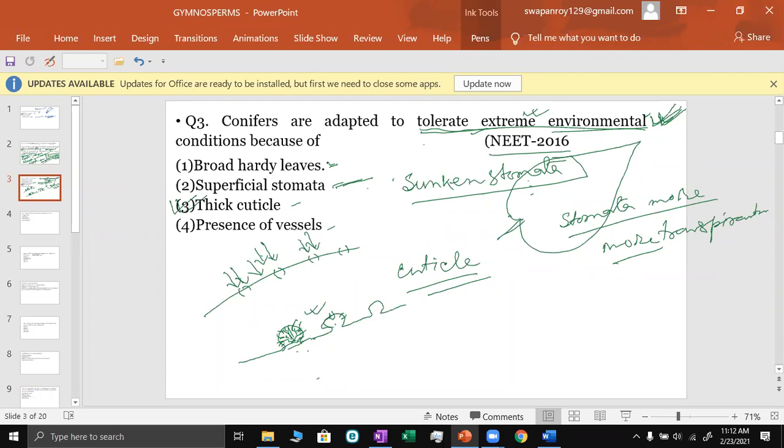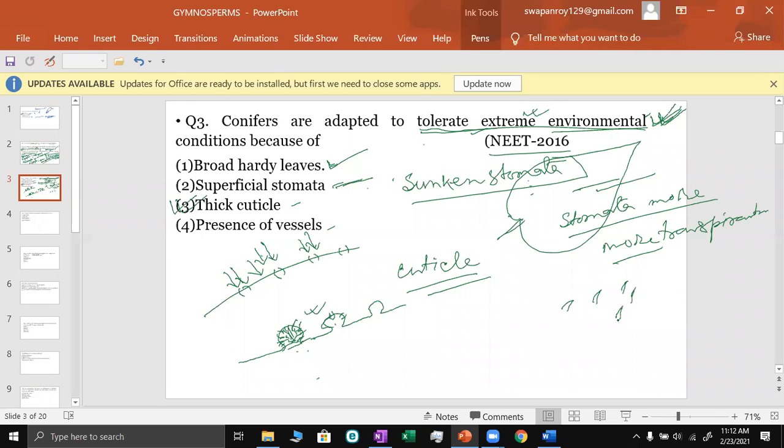So in case of broadleaves, it cannot support the xerophytic character. Instead of broadleaf, small leaves are usually in xerophytes.